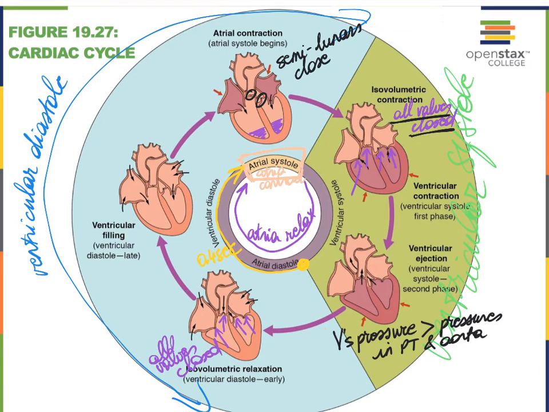So once again, we need to create a pressure gradient. We need to create a high pressure environment in these ventricles, which they do by squeezing, contracting, and ultimately the pressure inside of the ventricles exceeds that of the pulmonary trunk and the aorta, and the blood automatically will follow its pressure gradient from the ventricles into these vessels because the semilunars are forced open.